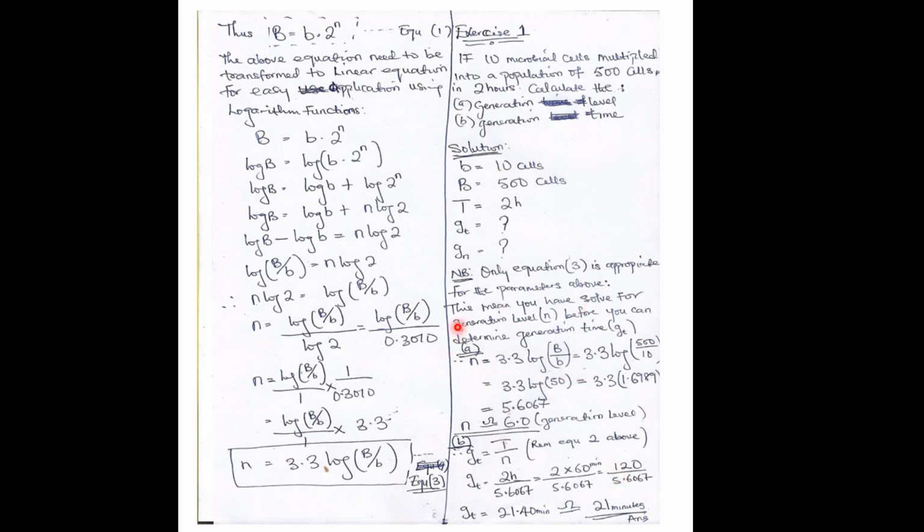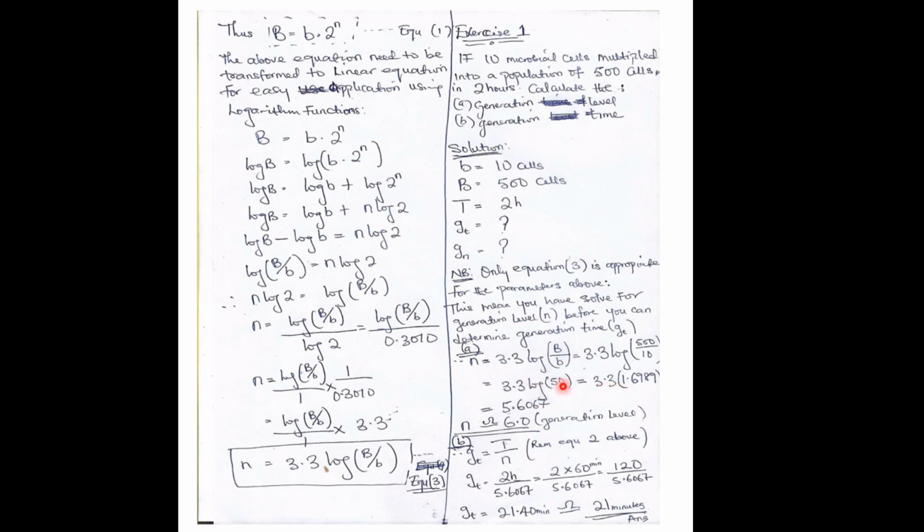The first thing you need to do is find n, the generation level. n will be given as 3.3 times logarithm of big B over small b, which is equation 3. That is equivalent to 3.3 logarithm of 500 over 10, which gives you 3.3 logarithm of 50.